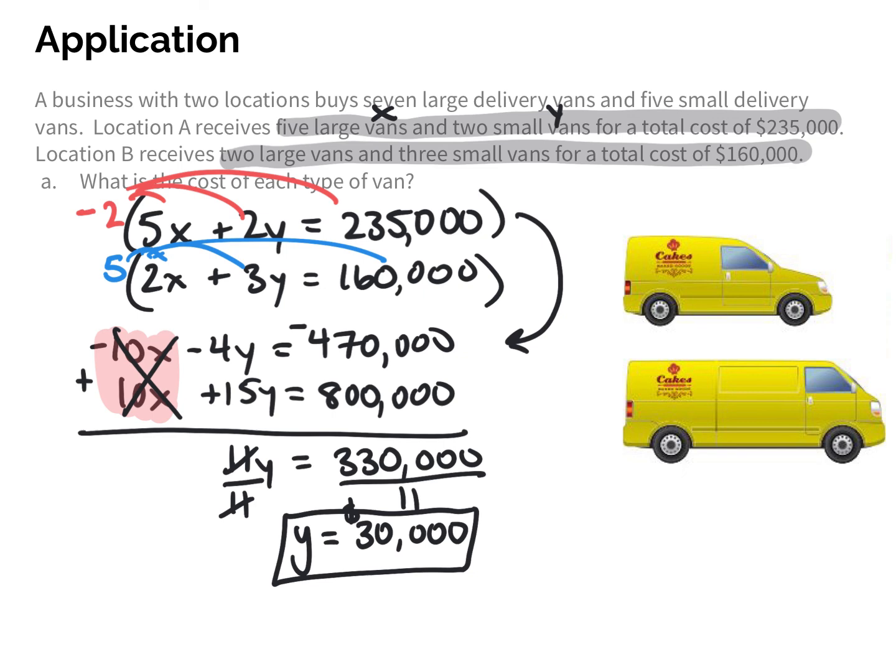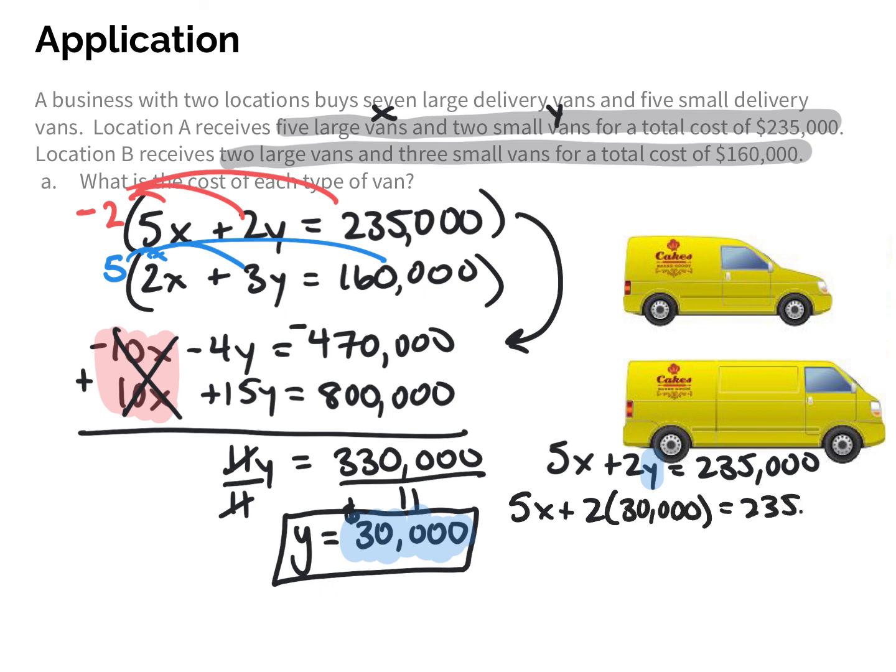So I'm going to take this value of y and plug it into one of my equations. I'm going to plug it into the very first one. Here I have 5x plus 2y equals 235,000. I'm going to take this value of y, $30,000, and plug it in where y goes. I'd get 5x plus 2 times 30,000 equals 235,000.